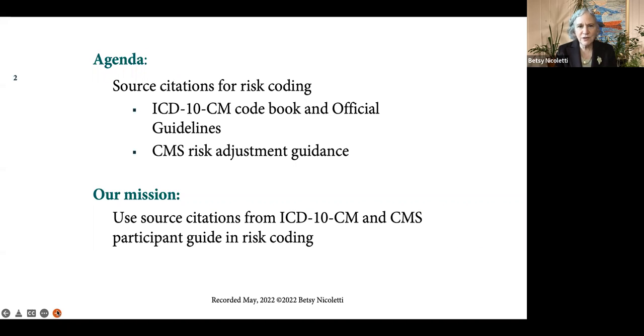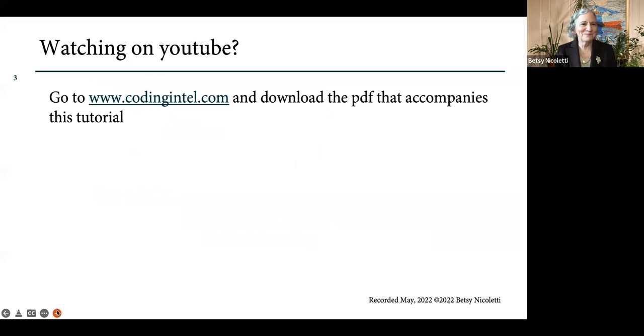This presentation is not going to talk about specific codes, like, what's the risk-adjusted factor for diabetes or depression? I'm going to talk about the citations where we find the rules in ICD-10 and the official guidelines, and some risk adjustment guides from CMS, which we're going to see the citations for later on.